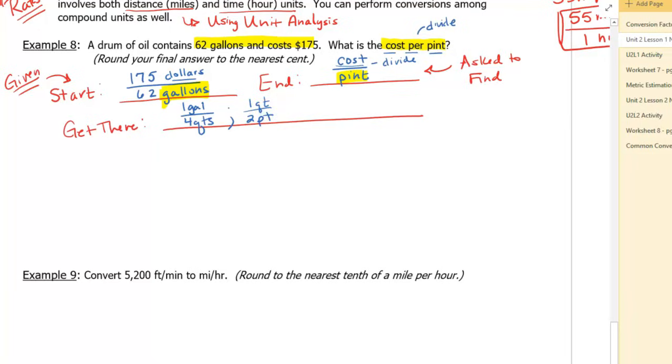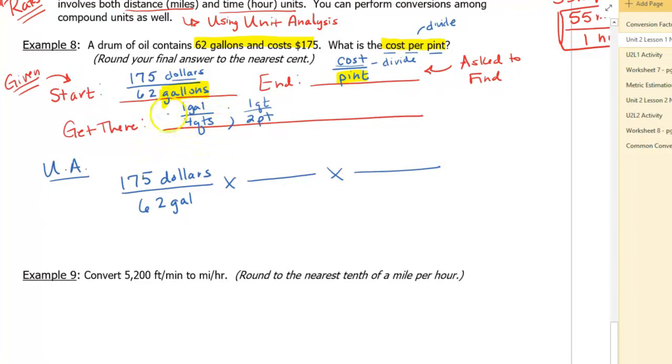All right, so now we're going to start our unit analysis by starting with our given $175 over 62 gallons. We're going to need 2 more fractions to do this, and we want to use this one next. But now our alternating units are going to go from the bottom here to the top.